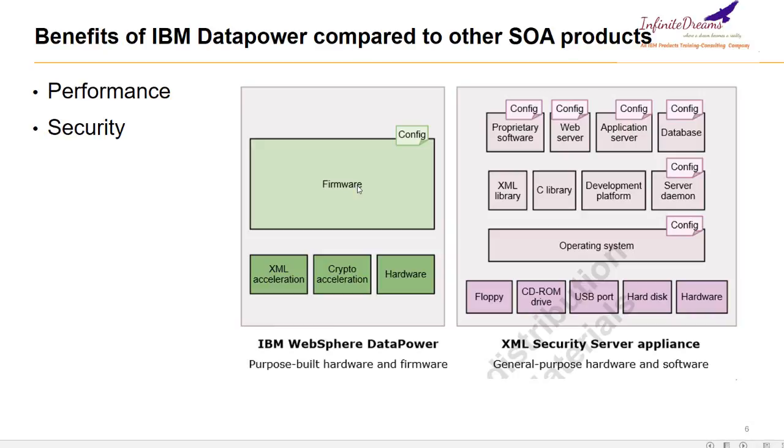So of course your application performance will be better in Unix compared to Windows. Now if you see, Unix itself is a full-fledged operating system. It will support a floppy drive, a CD drive, a USB drive, hard disk, different hardware.